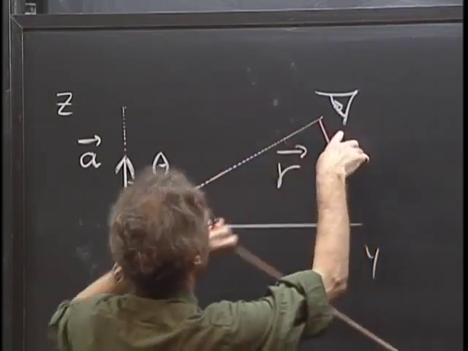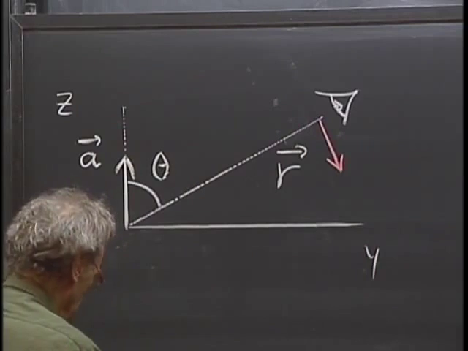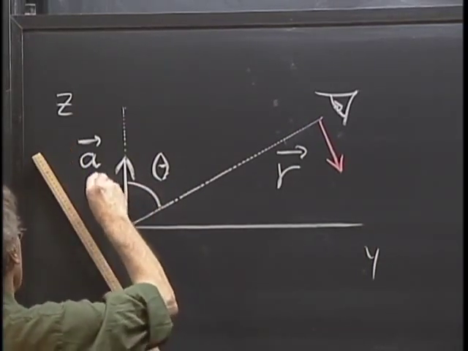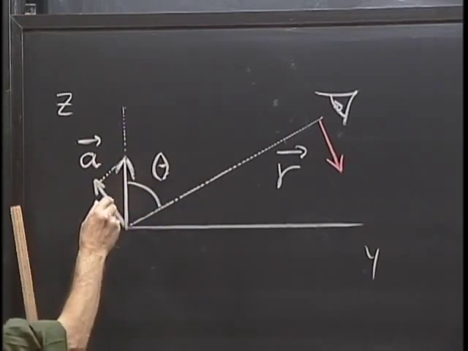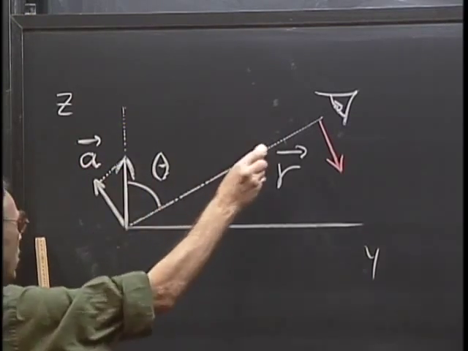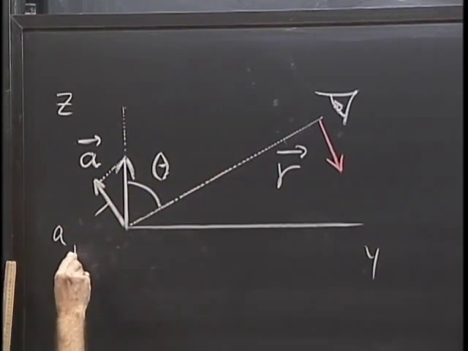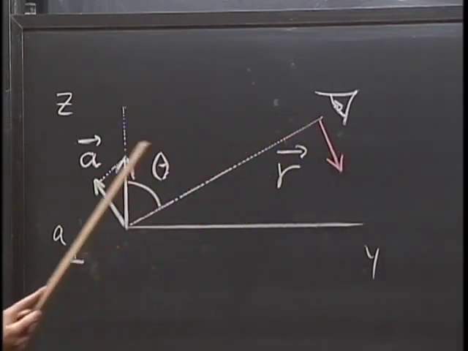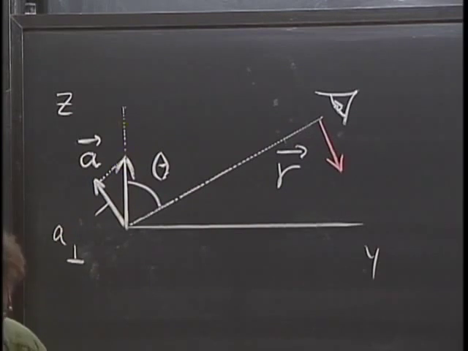I will return to this. It's in the opposite direction as a perpendicular. This vector, which is the component of A perpendicular to r, is called A perpendicular. If Q is positive, then this E vector is in the opposite direction of A perpendicular.